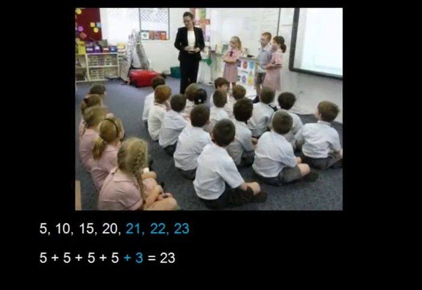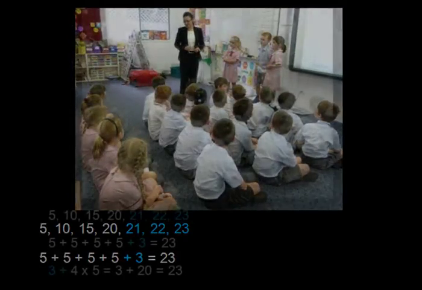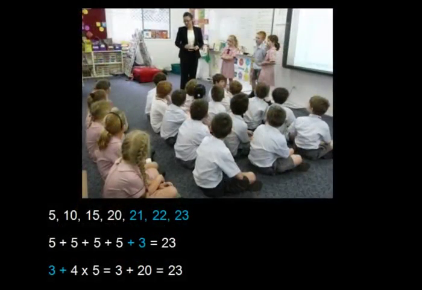Or did you write, because there's 5 in each row, and then there are 3 more standing? Perhaps you wrote, there's 3 standing next to Anita, and there's 4 rows of 5 children seated on the floor. Altogether, that makes 23.